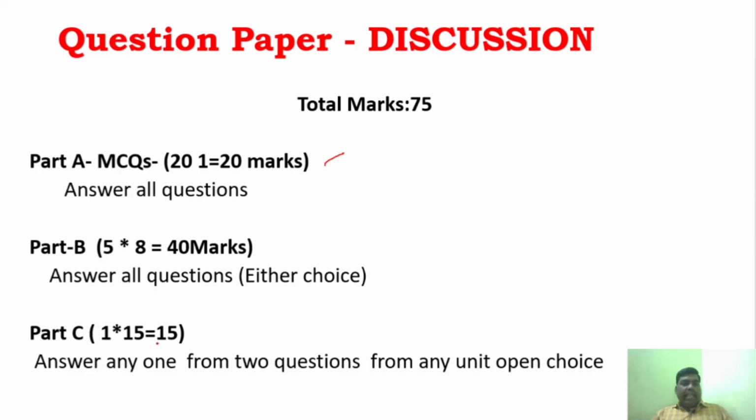Part C is a little bit challenging because 2 questions will be asked and we are not sure from which unit they will be asked. So make very sure you cover all those questions which I said, and probably you'll be able to attend at least 1 question here. So, this is the question paper discussion.